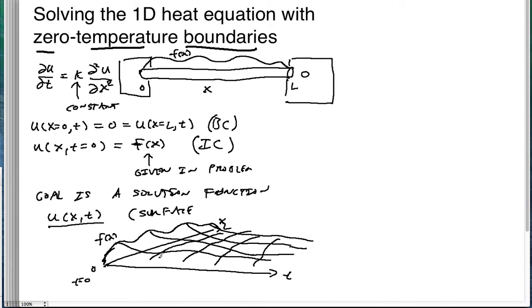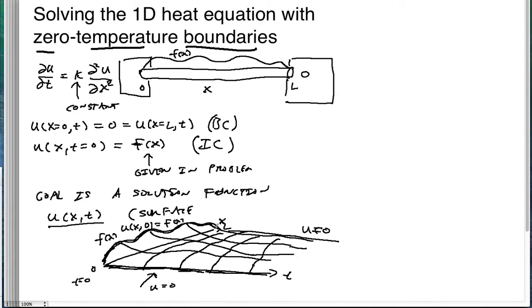But it's subject to a few things. One, right at the boundary, u will always be 0. So here, u is going to be equal to 0. And on the back side, at x equals L, u is also 0. And then here, at time equals 0, u of x is equal to f of x, and that's this function here.